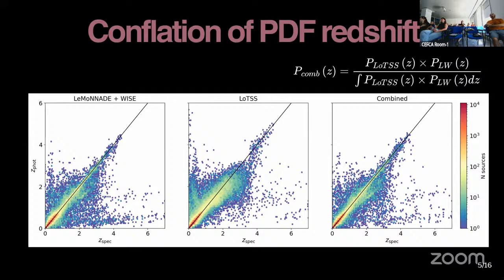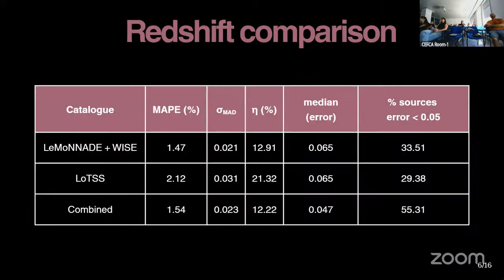But if we go to the numbers, if we do a statistical comparison based on the relative error, the central values do not really get better when we combine them. The Lemon plus WISE redshifts are already very precise on their own. But if we compare the median error and the percentage of sources with an error below 0.05, we see that they improve.